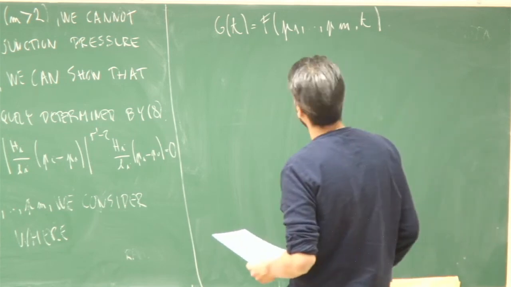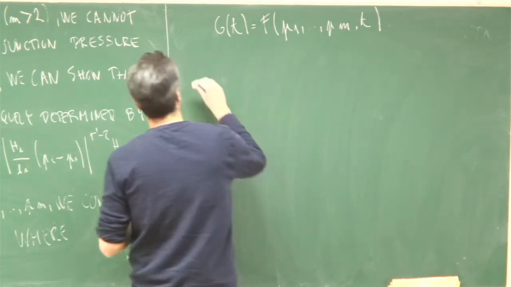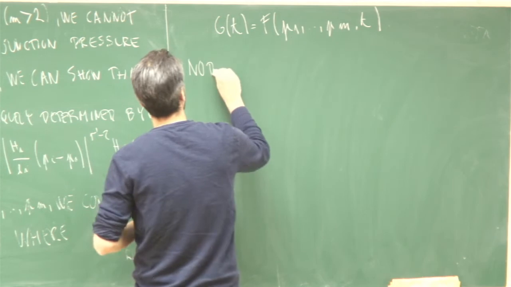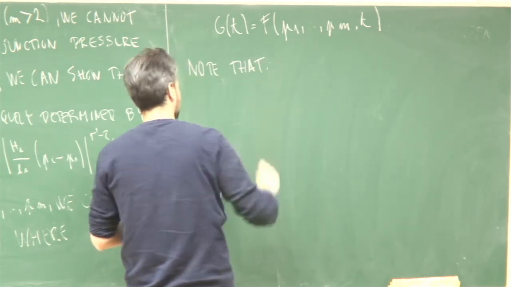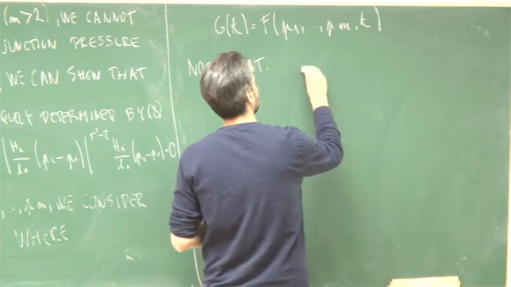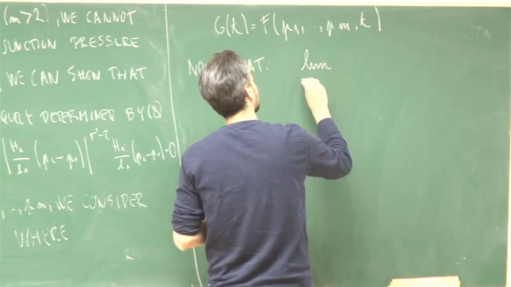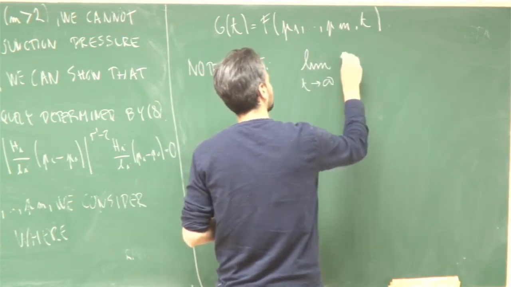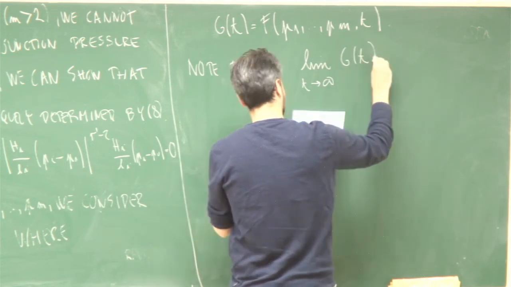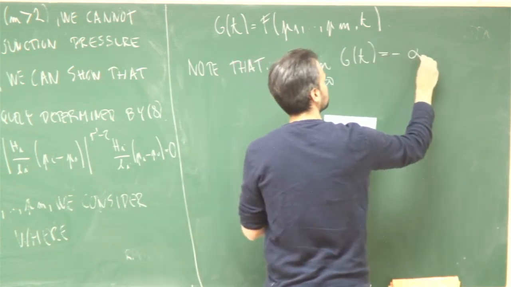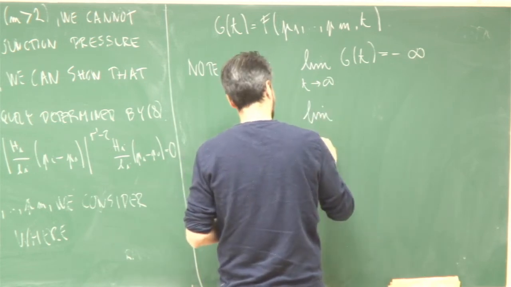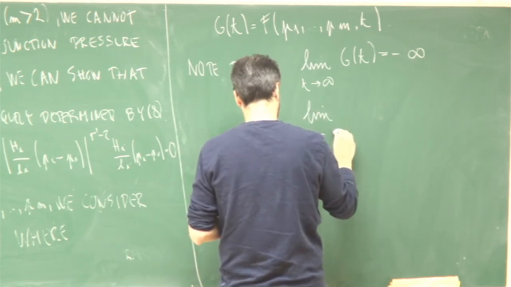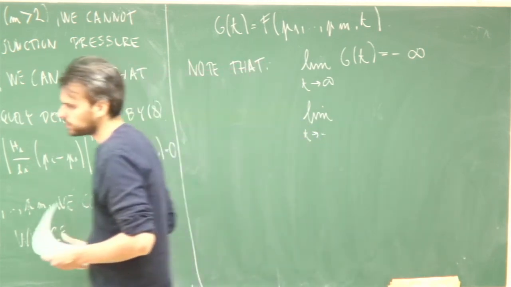So, first of all, we can note the following. Note that the limit when t goes to infinity of g(t) is minus infinity. And the limit when t goes to minus, sorry, let me check.